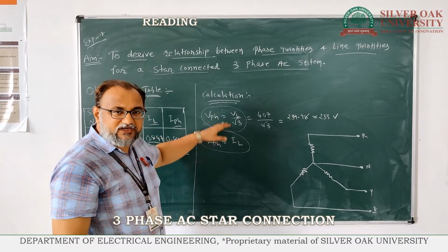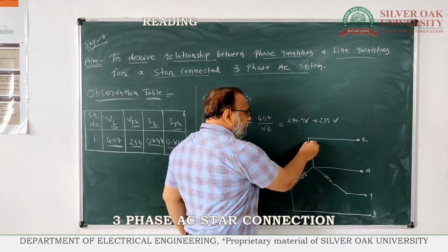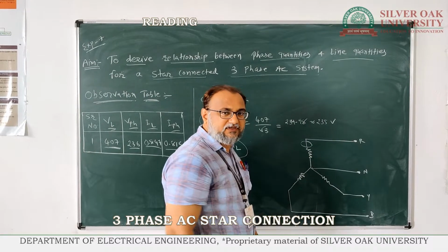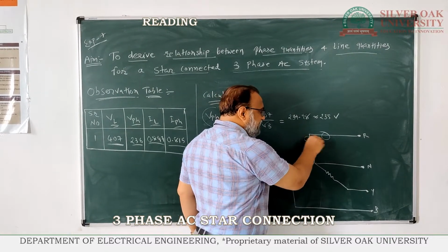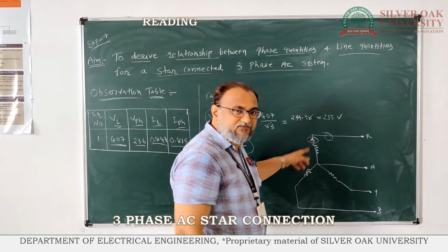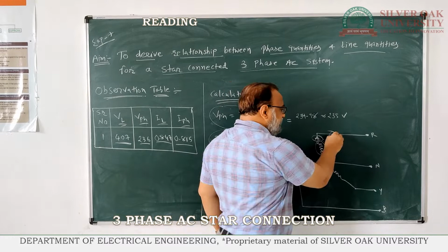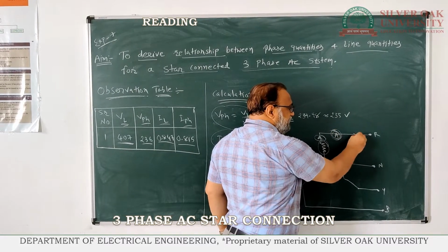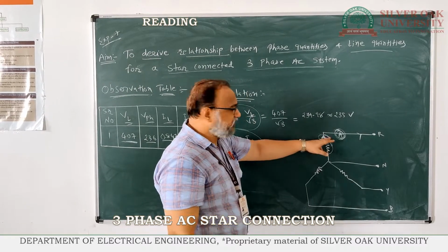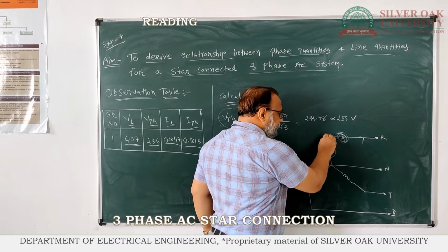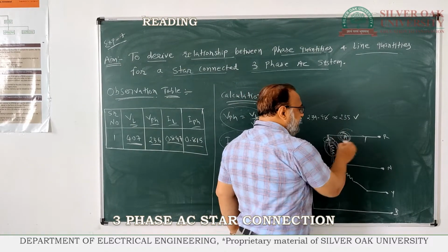I am not going to explain this part in detail, but simply I can tell you that if you connect an A meter here and an A meter here, this A meter will give us the value of current which flows through this resistance, and this A meter will give us the current which flows through the line. So you can see here that the current which flows in this phase, the same current would be flowing in the line.